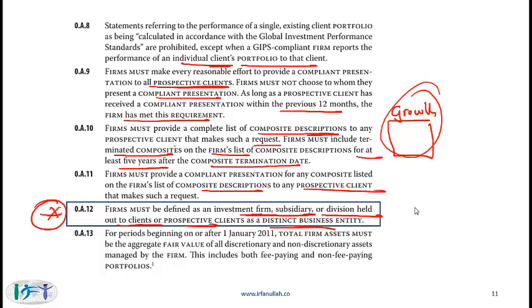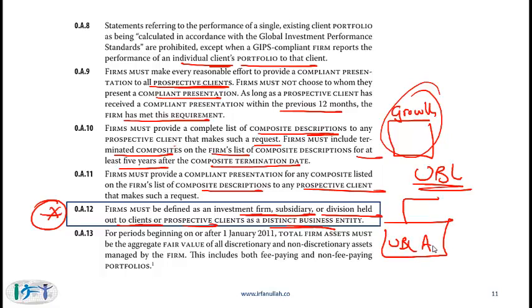So if you have a particular entity, let's say that you have a larger firm called UBL, and under UBL you have a firm called UBL Asset Management. And this particular entity is showcased as a separate investment firm, and those who want to invest their money explicitly approach UBL Asset Management.